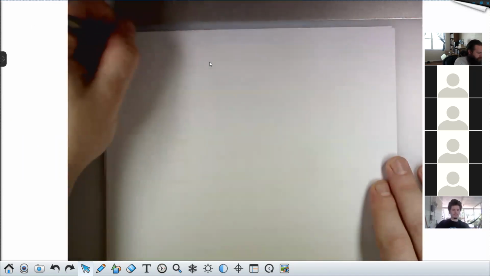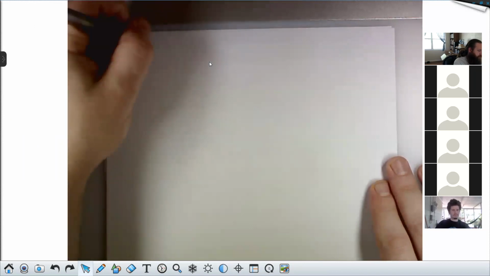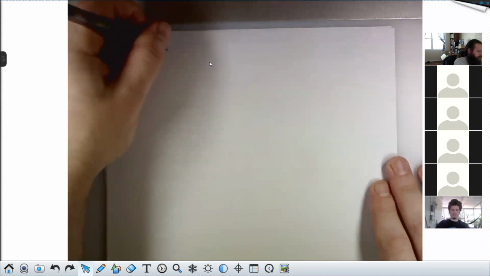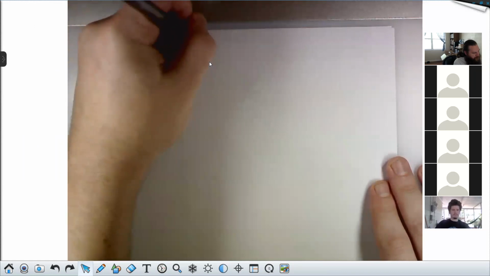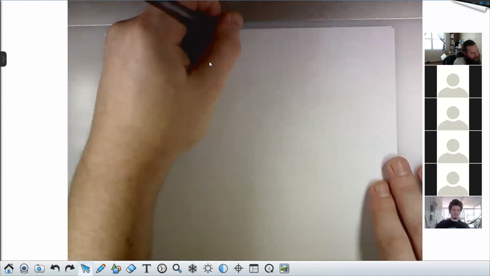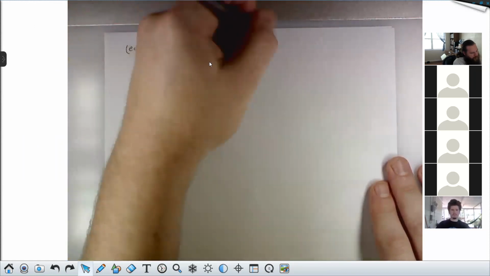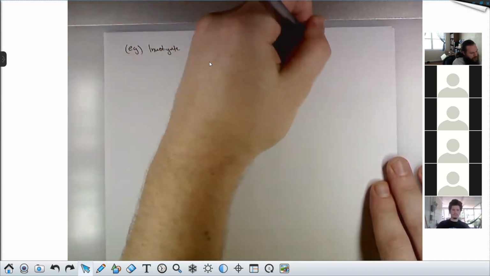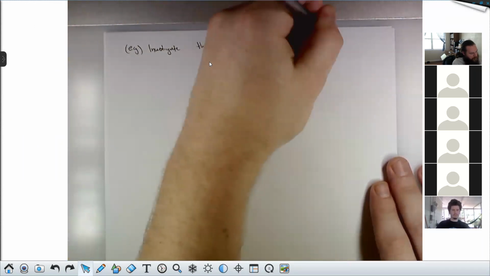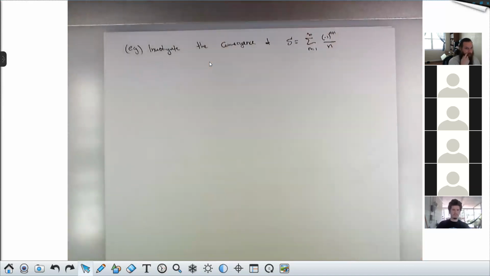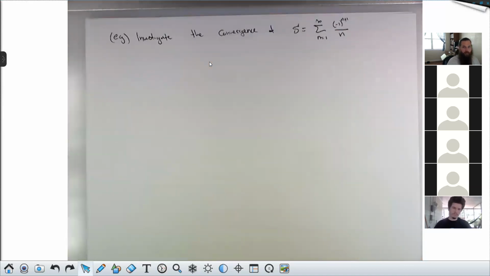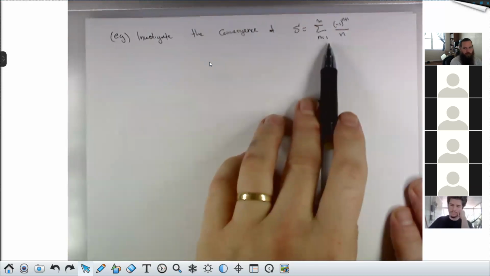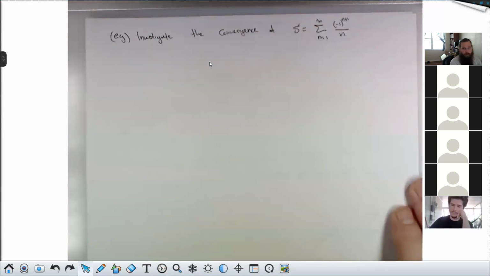So let's look at that example from earlier. We observed previously that this is an alternating series. Notice that it'll get right through TFOD and that none of our other tests apply.